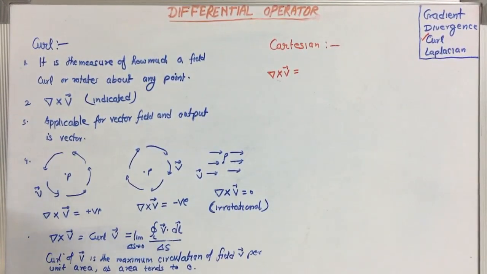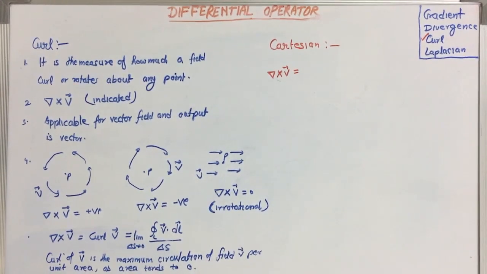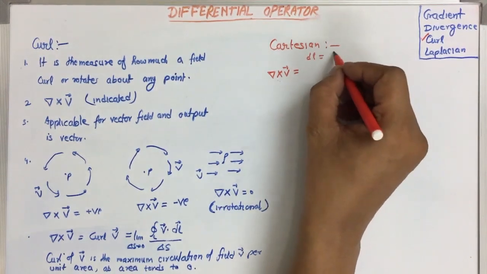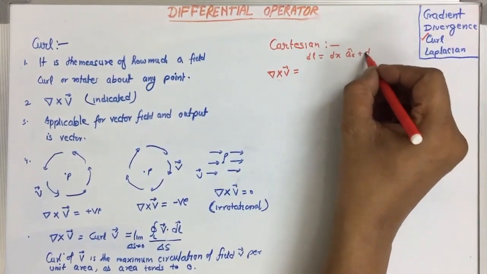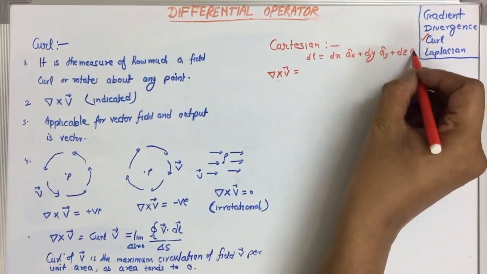As in the last case, in the case of divergence, we took the help of the differential length to write the divergence. Here also we will take the help of differential length to write the formula for curl. The differential length in the case of Cartesian can be written as dx ax cap plus dy ay cap plus dz az cap.